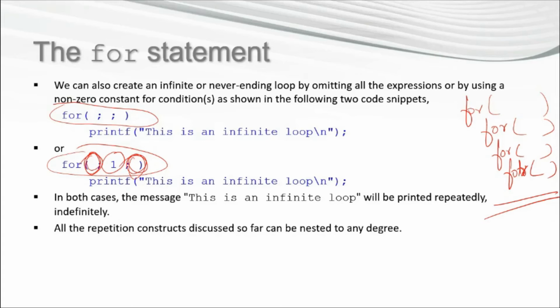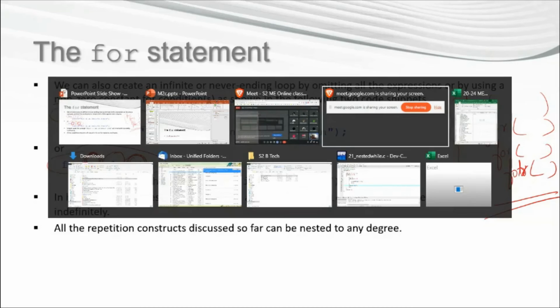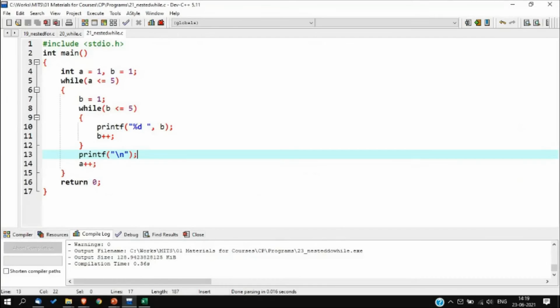Normally, in matrix operations, we mostly need at least three levels of nested for loops. Now let's see an example in which a nested loop is used.